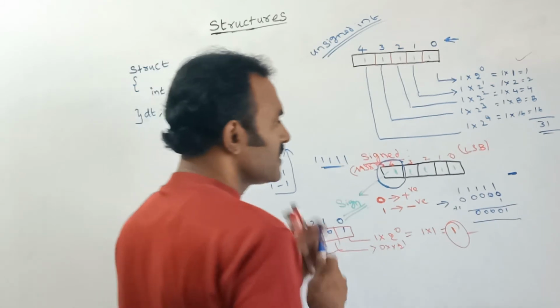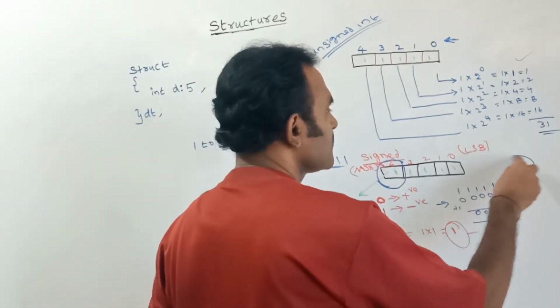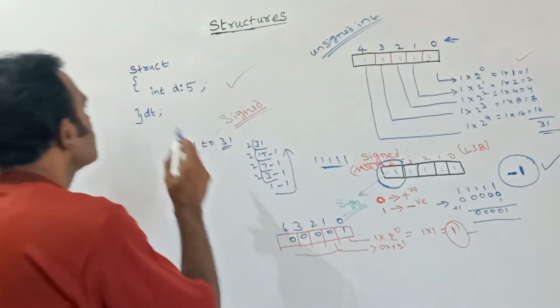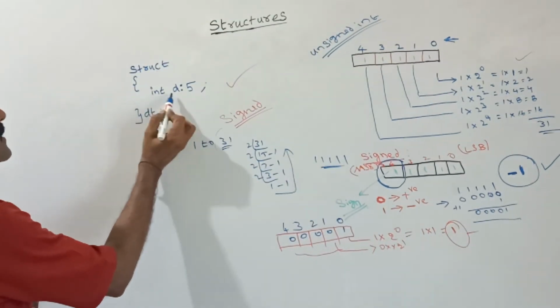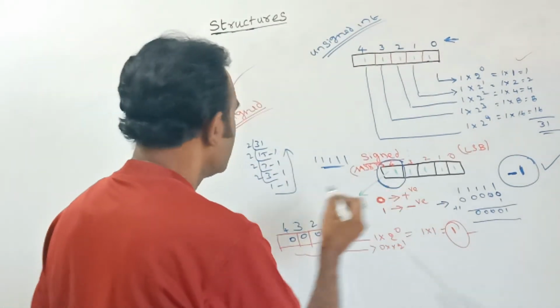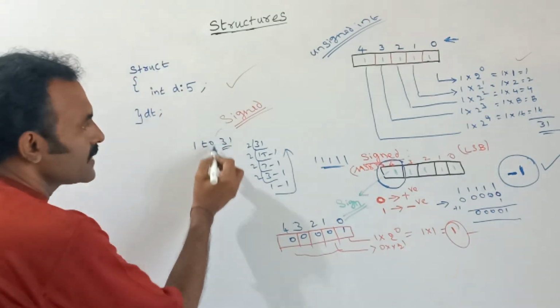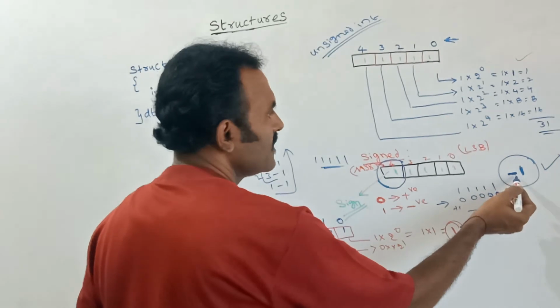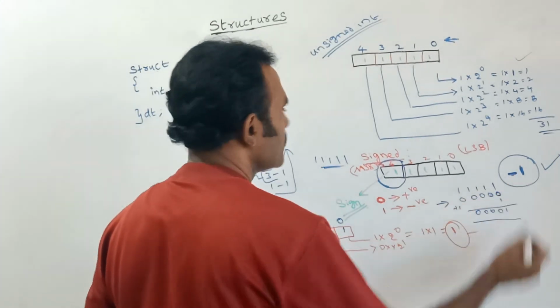So the result will be minus 1. So suppose you are using signed integer and you are giving the data 31, that is date 31, then it will be wrong. The result will be shown as minus 1.